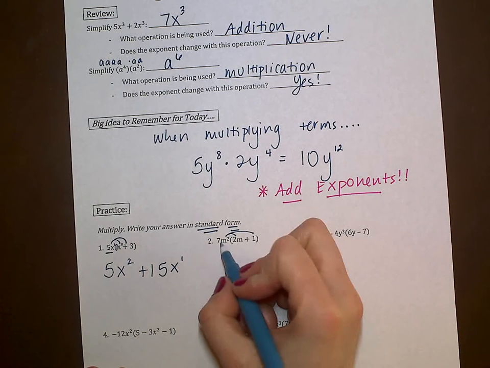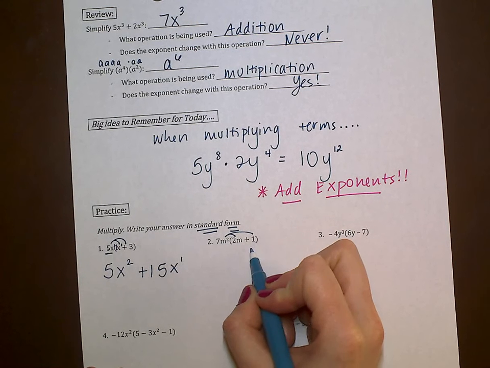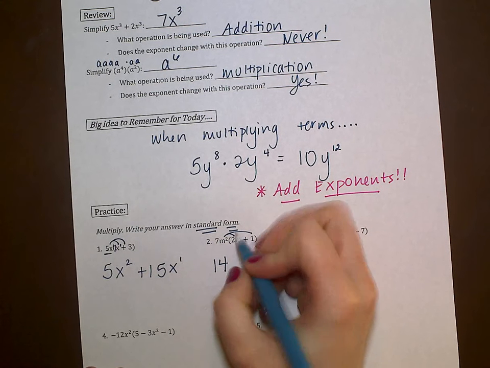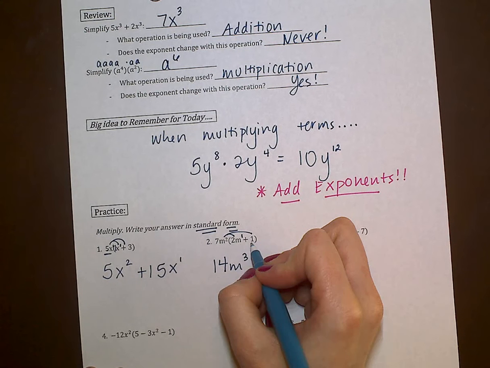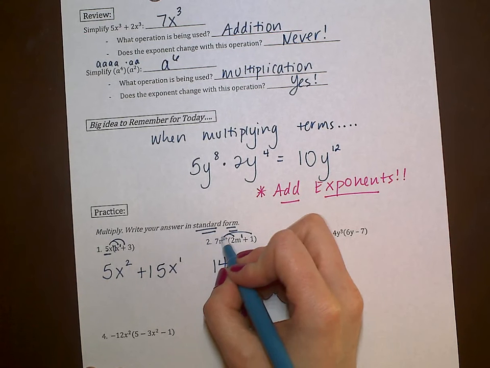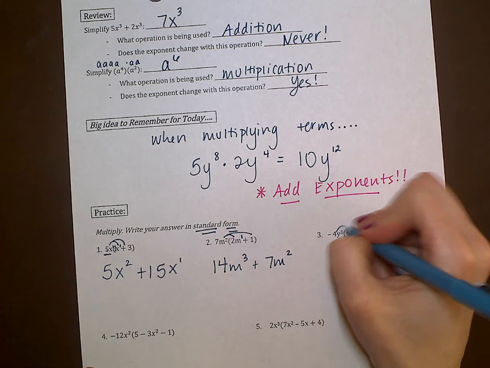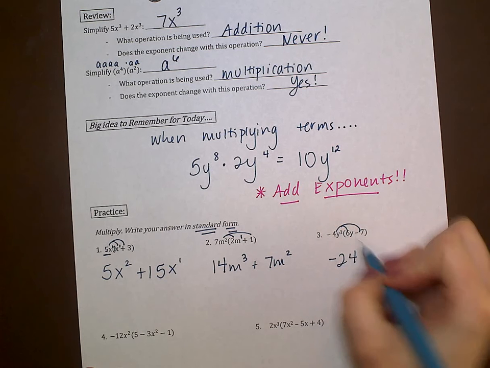When I distribute this monomial, 7m squared, to the binomial in parentheses, 7m squared times 2m, that would be 14. Add your exponents, m to the third. 7m squared times 1 is just that exact same term, 7m squared. Next one. So you multiply the numbers, negative 24, add the y's.